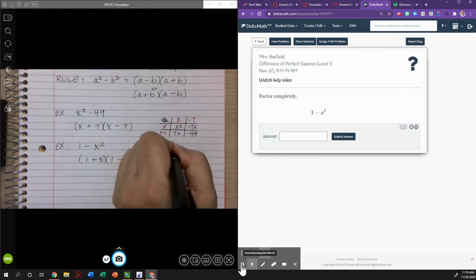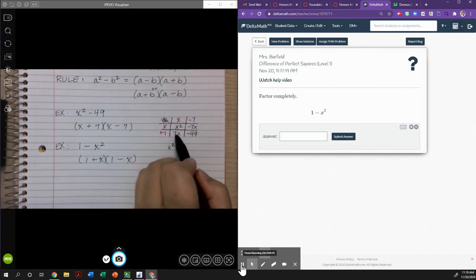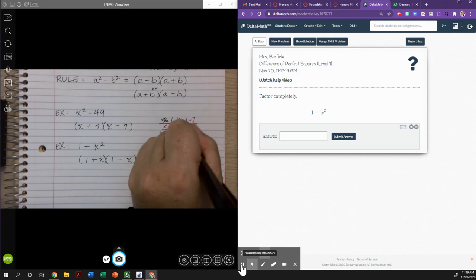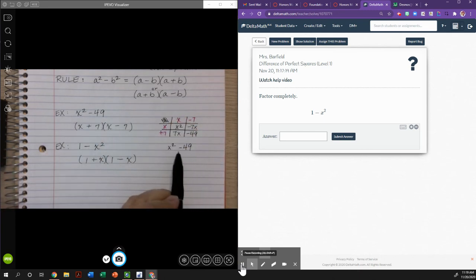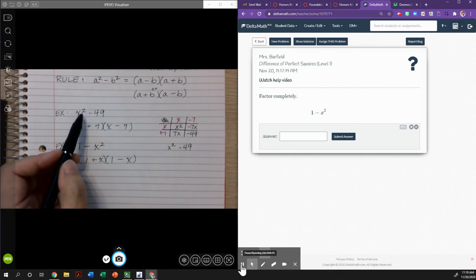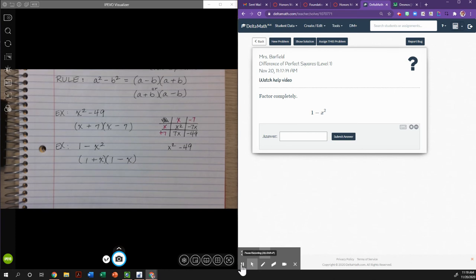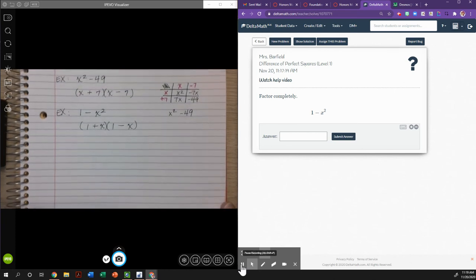So I have x squared. My like terms are negative 7x plus 7x. Well, that equals 0, so I don't write anything down, minus 49. So you can see I got the same answer. Okay, so what we are doing is taking this process of multiplying, and we are reversing it. That's what factoring is, okay? And difference of squares is a type of factoring.